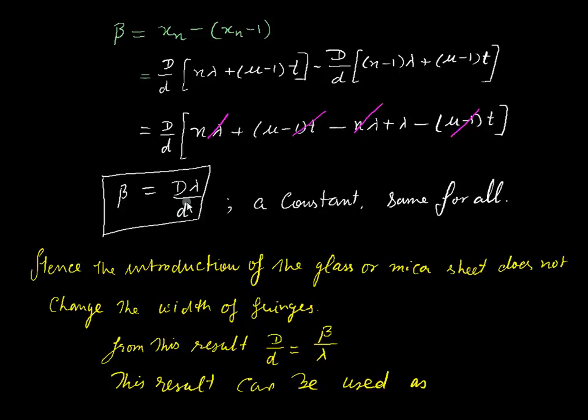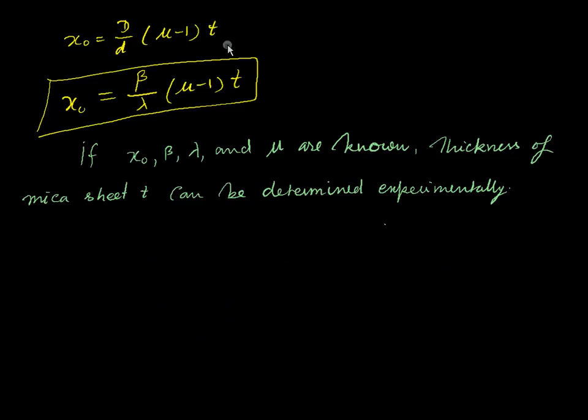Further simplifying, the ratio capital D upon small d is equal to beta upon lambda. Since x naught is equal to capital D upon d, (mu minus 1) t, this can also be written in terms of beta upon lambda, so I am putting that value of capital D upon small d from the last slide here.